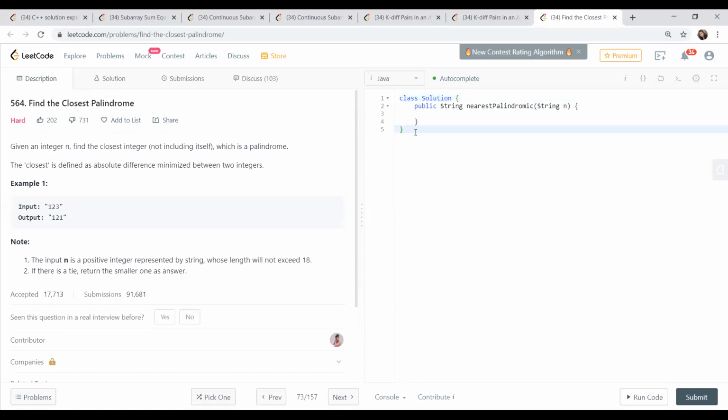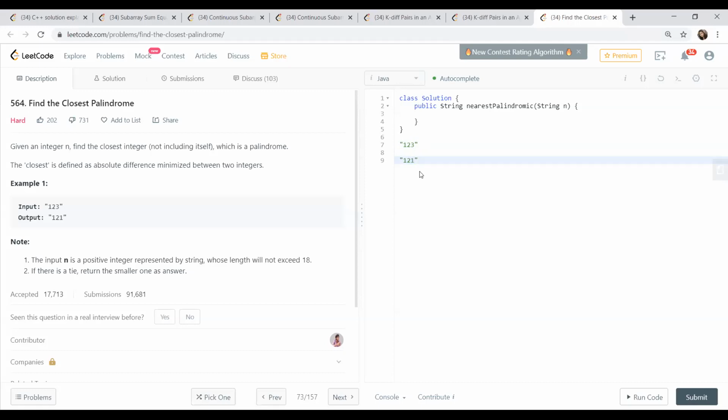So what it says is we are given 123, let it be a string, and we need to find a palindrome which is closest to that number. Closest means the difference: 121 is a palindrome, and its difference from 123 is just 2.